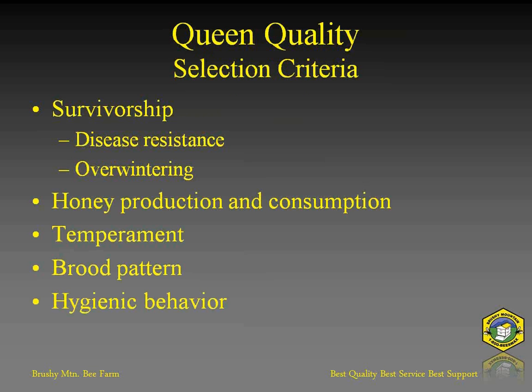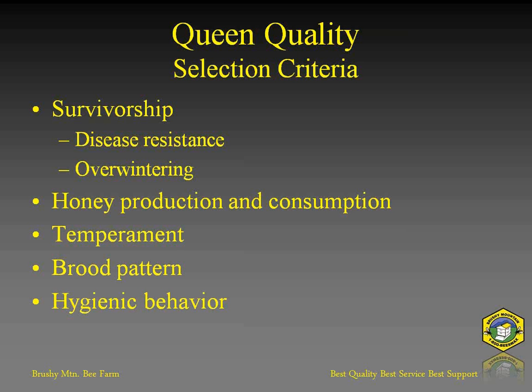Of course, breeders are looking for survivorship. Are they resistant to diseases? Do they overwinter well? Are they good honey producers, or do they consume a tremendous amount of honey? Are they temperamental? Are they a little bit more defensive of their colony and meet you at the front door compared to another one? The brood pattern, is it a good solid brood pattern, or is it sort of spotty?